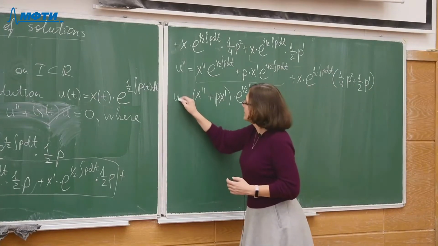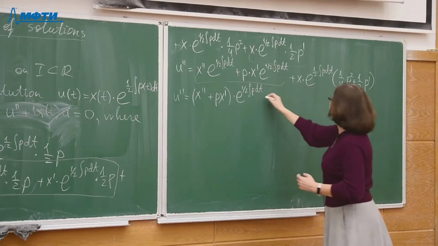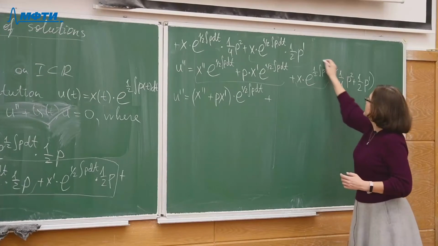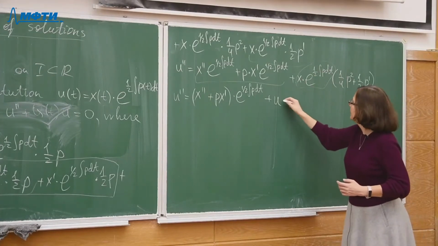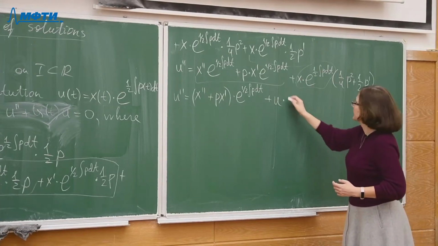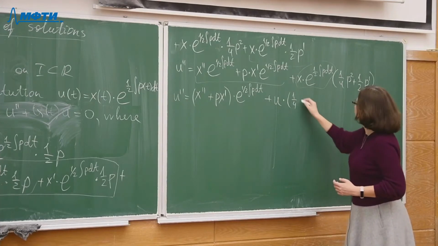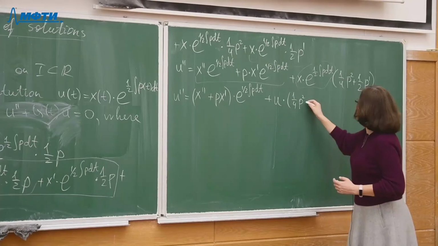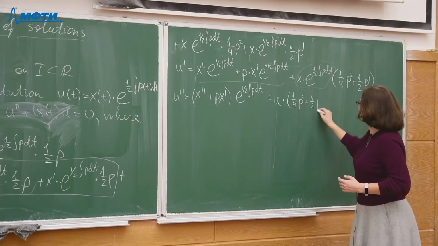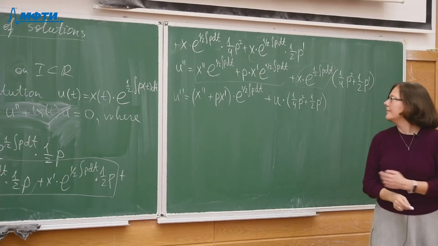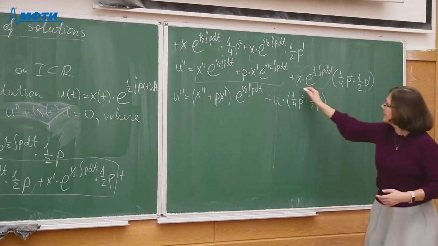So we can see that u double prime equals this plus, and this is u squared plus 1/2 p prime. Just rewrite this.